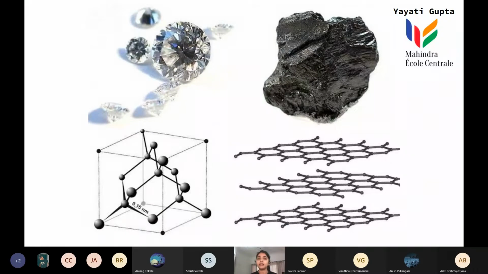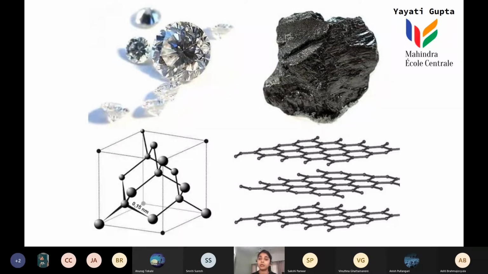So networks are like these two allotropes of carbon. Can you name them? Someone who likes chemistry. Diamond and graphite. Yes, right, diamond and graphite. If you look at diamond, it is hard and crystal clear. If you look at graphite, it is soft and dark.